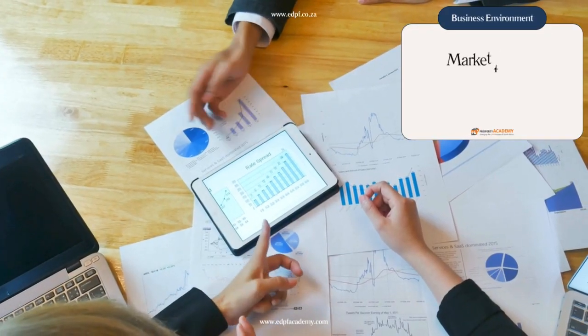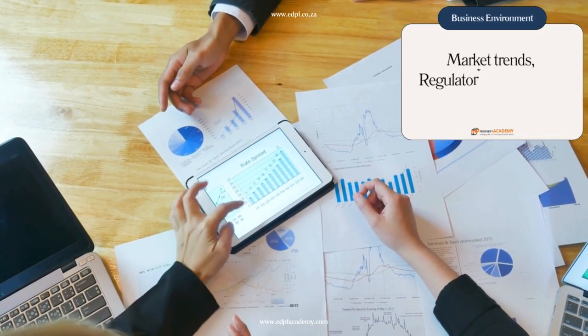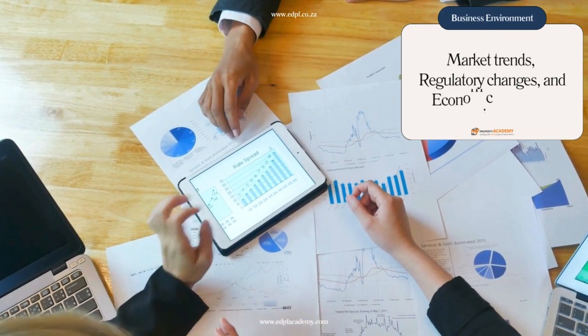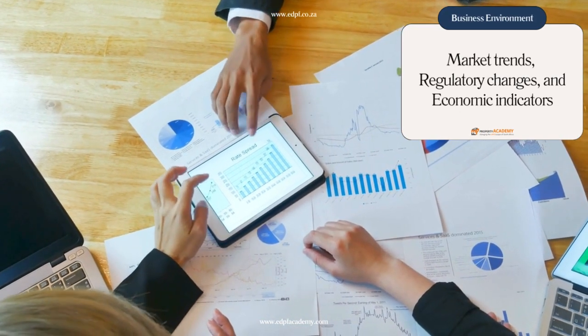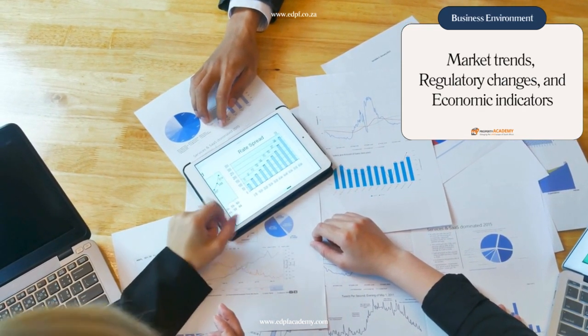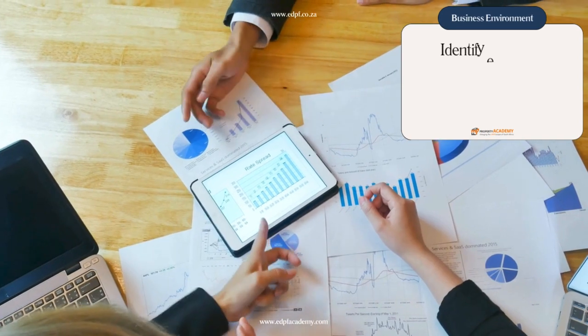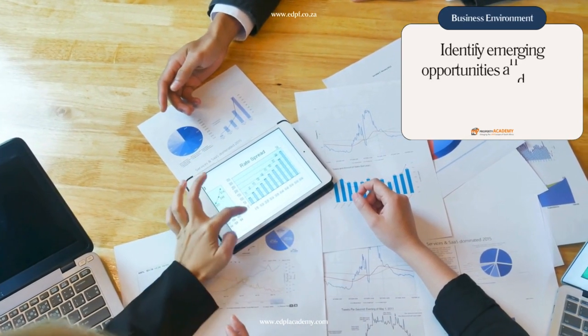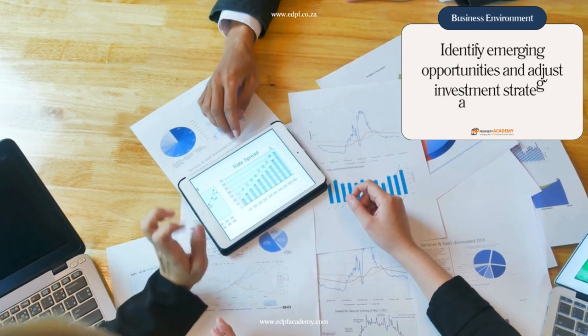Investors should stay informed about market trends, regulatory changes, and economic indicators that may impact property values and rental demand. By monitoring market trends regularly, investors can identify emerging opportunities and adjust their investment strategy accordingly.